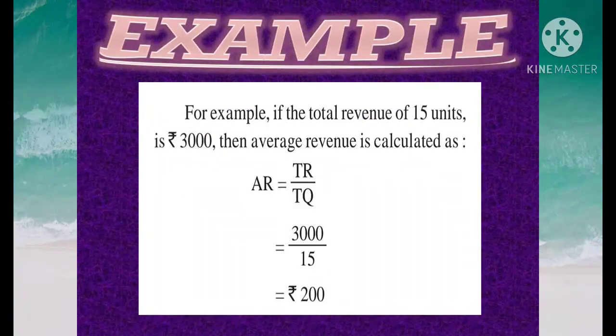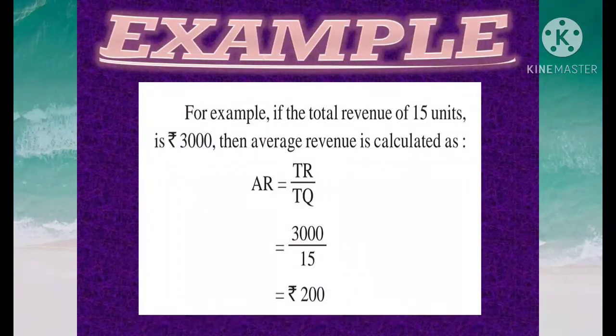Let us study one example on average revenue. If the total revenue of 15 units is rupees 3000, then average revenue is calculated as average revenue equals total revenue upon total quantity.